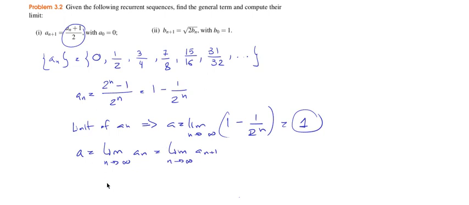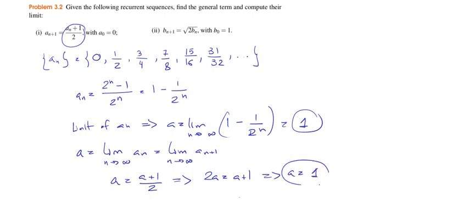If we take the limit on both sides, we have a is equal to (a plus 1) over 2, so 2a is equal to a plus 1, which means that a is equal to 1. So the same result using different methods.